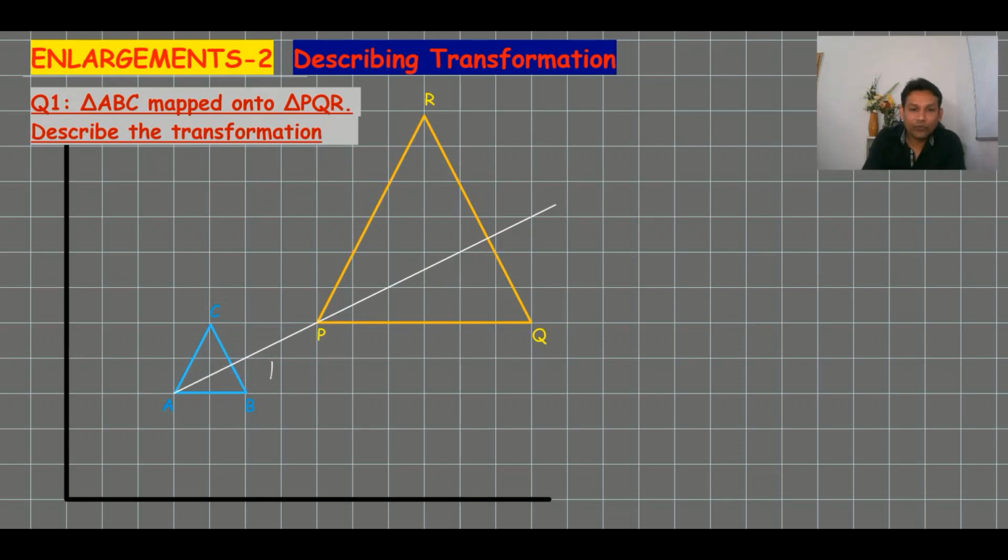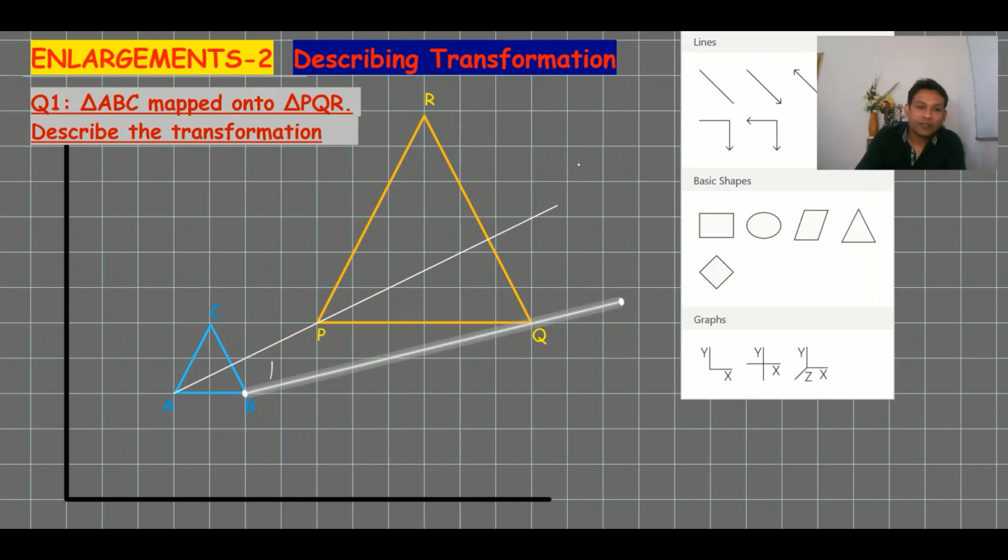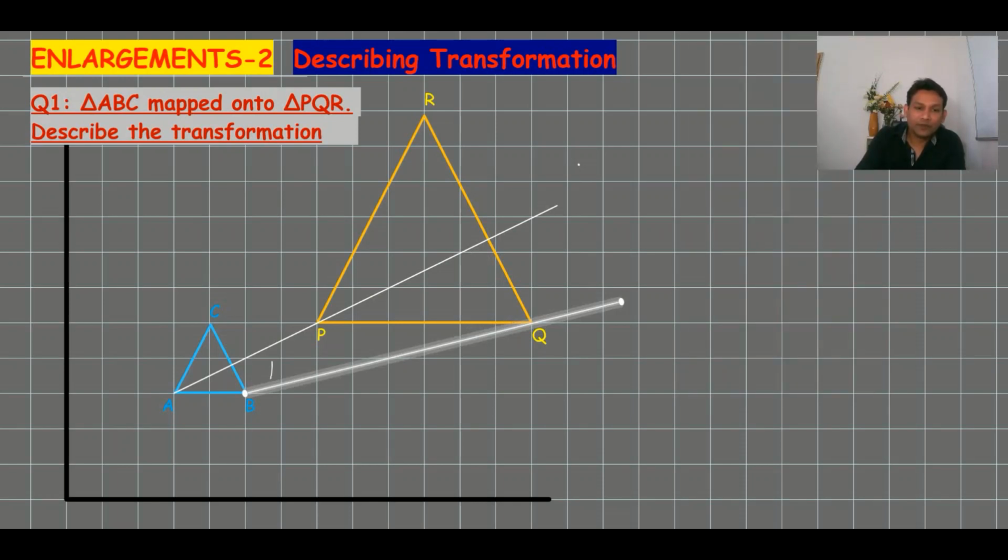Second, I want to join B with Q, then C with R. As I told you, we have to join all the corresponding points, and the lines should merge at a particular point.